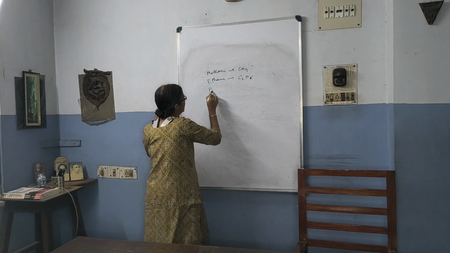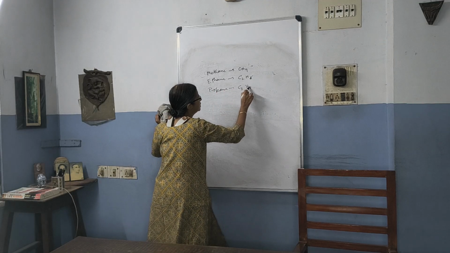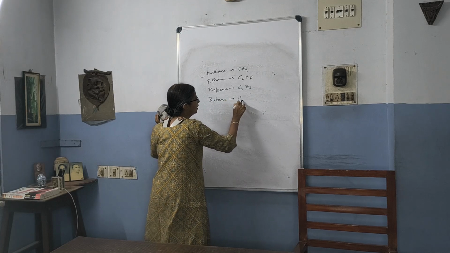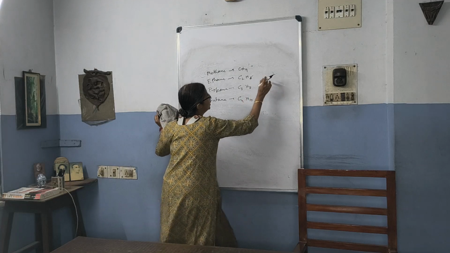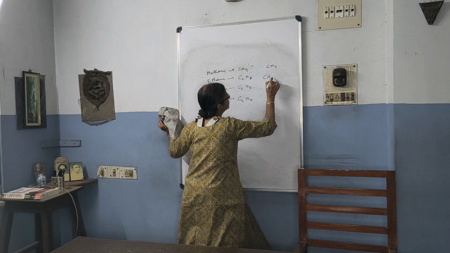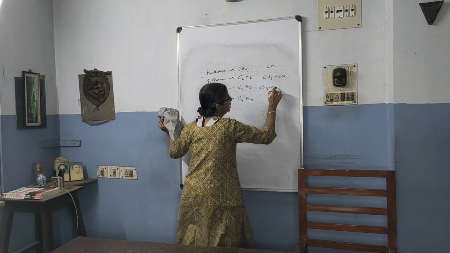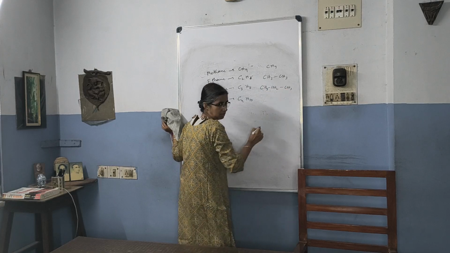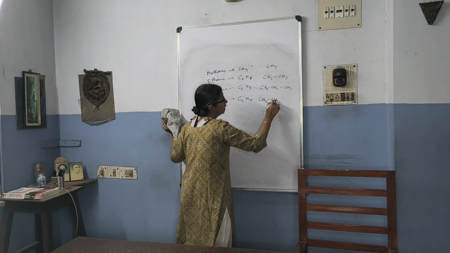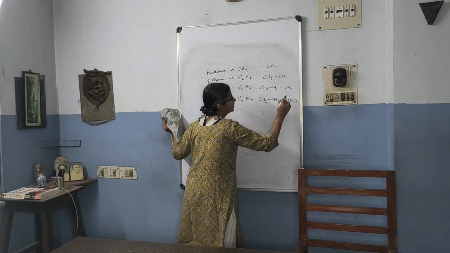Then we have propane, C3H8. Then we have butane, C4H10. So it is CH4. Now this is CH3, CH3. Now this is CH3, CH2, CH3. Then CH3, CH2, CH2, CH3. Do you understand?